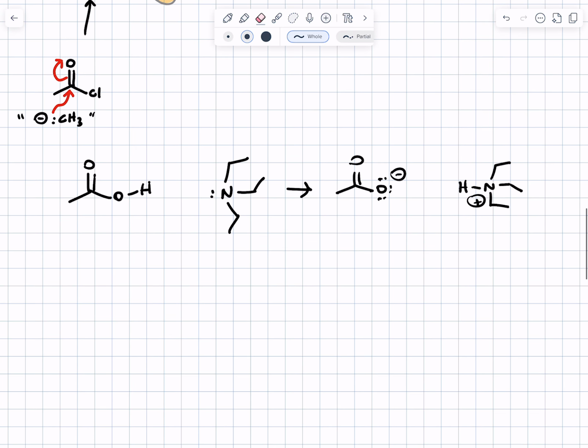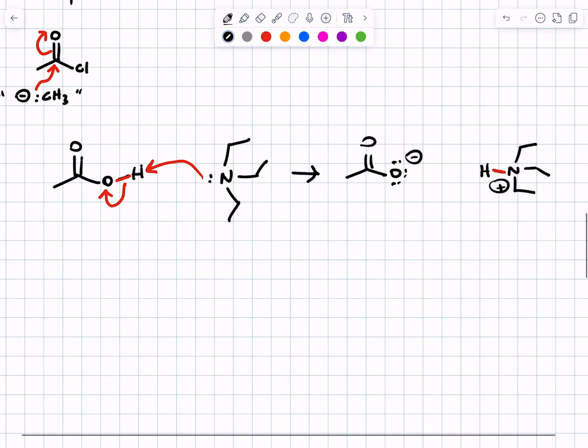What appears to have happened here, if you look at the products, is that the lone pair on the nitrogen attacked the hydrogen, and we broke the oxygen-hydrogen bond. And those are the arrows that explain these products. If you were going to explain that, you would conclude that the HOMO on the nitrogen-containing compound was the lone pair.